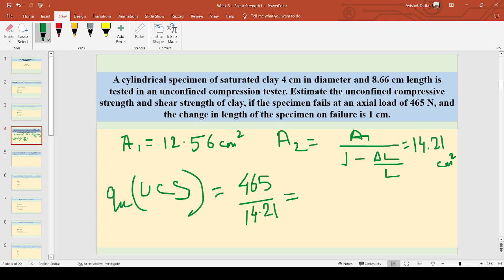The approximate answer will be 327.23. That will be in kilopascal.